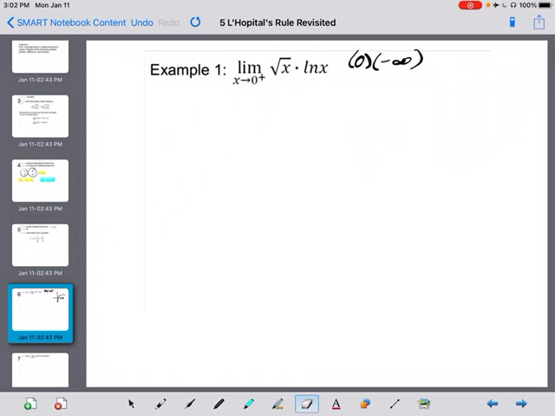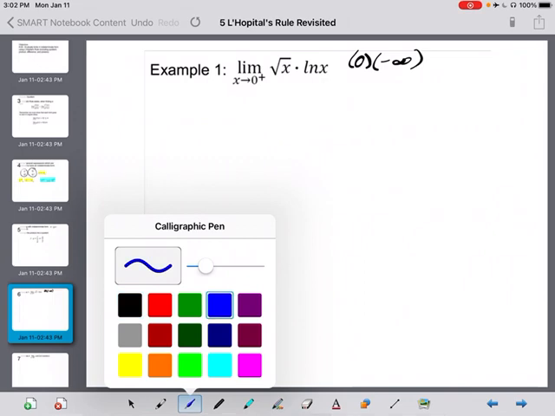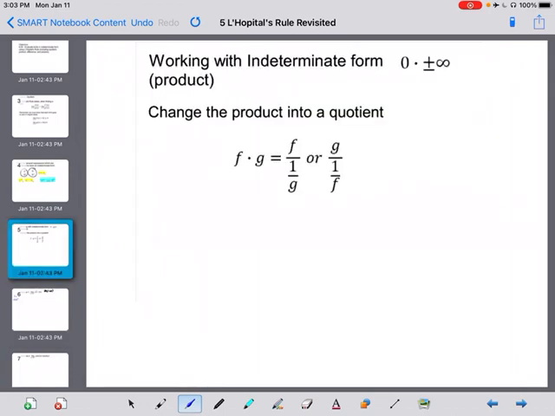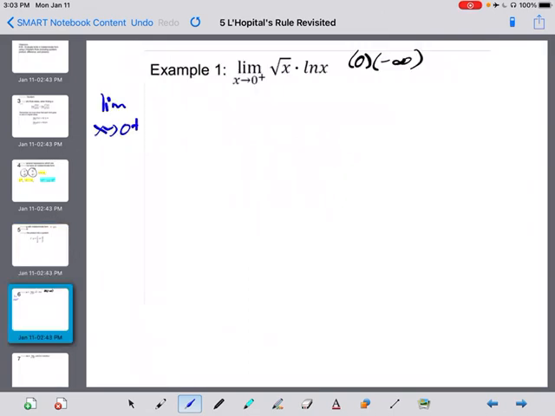I can't do any kind of L'Hopital here. What I have to do is rewrite this so I can get it into a form where I can possibly use L'Hopital. So I keep my limit statement, x approaches 0 from the right. Anytime you have 0 times some form of infinity, you're going to want to take one of those terms, bring it down to the denominator, and reciprocate it.